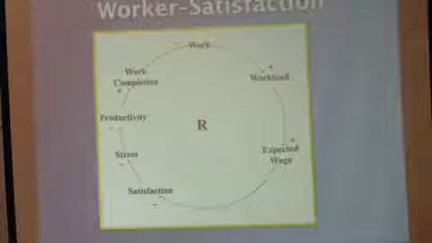So if you go back to this, you can easily see that loop here: stress ratio to productivity to work completion, which changes your workload, which changes the amount of satisfaction, ultimately changing that. So there are many loops that can be discovered in these models, and it's important to understand them in order to further your understanding of this model.